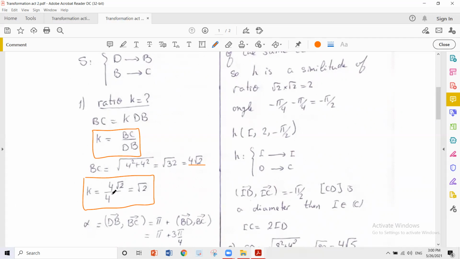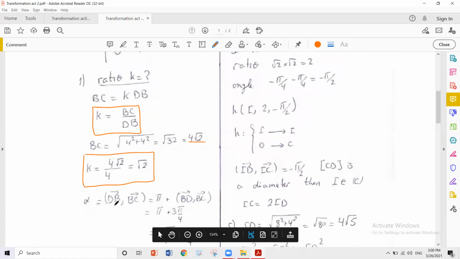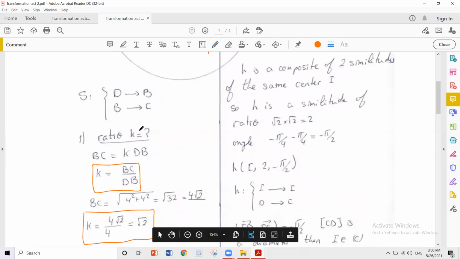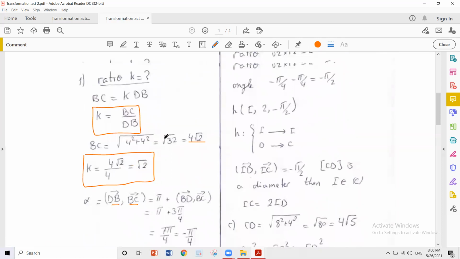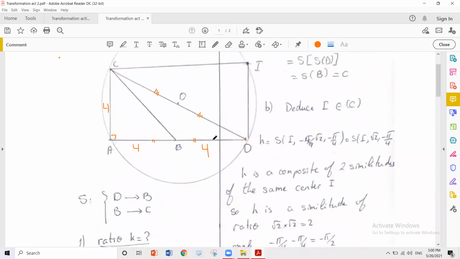Now to calculate the angle, alpha is the angle of vector DB to vector BC. To make them start with the same origin B, I can put pi plus the angle of vector BD to vector BC. How much is this angle?